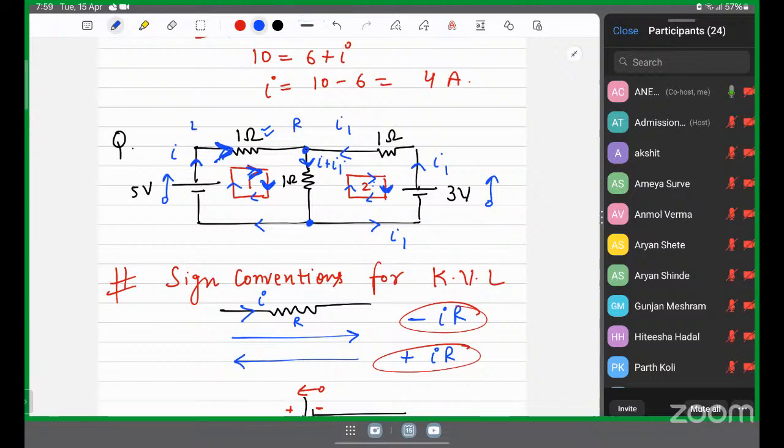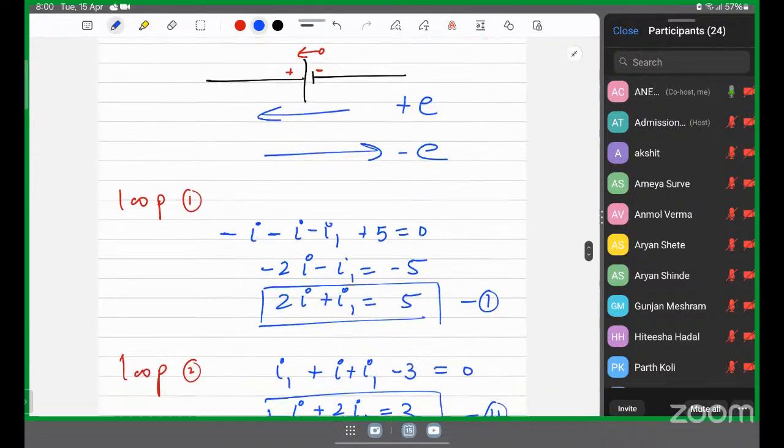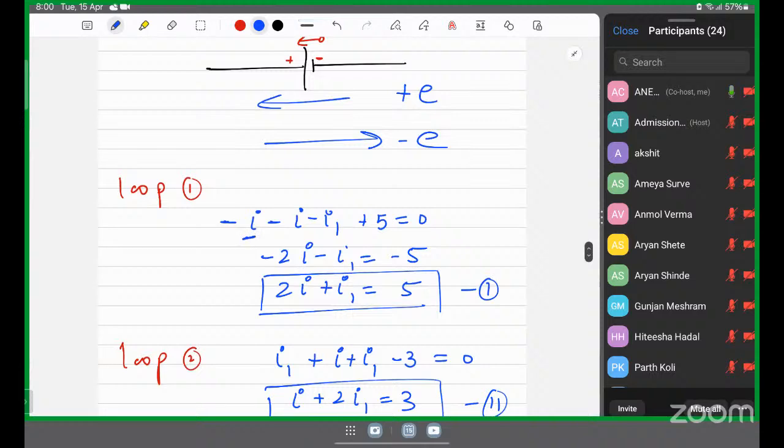In the loop, this is again left to right, which means the current is flowing in the same direction in the resistor and the loop. So we will have minus IR. The value of current is I and the resistor is 1 ohm, so I into R will be I, and the sign will be minus because they are in the same direction. So this will be minus I.